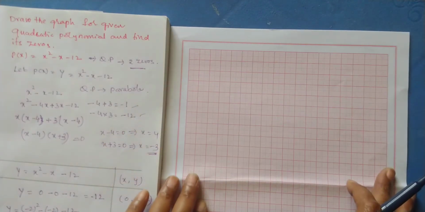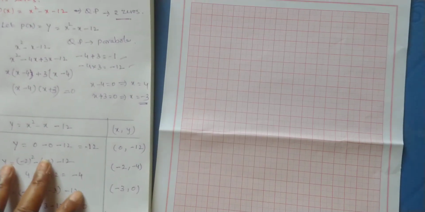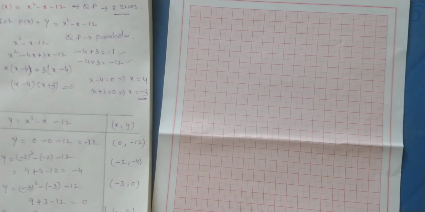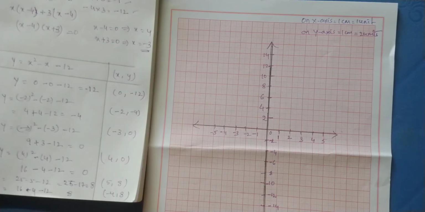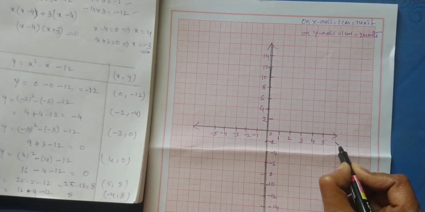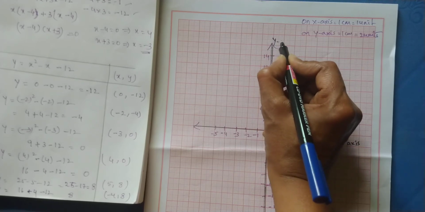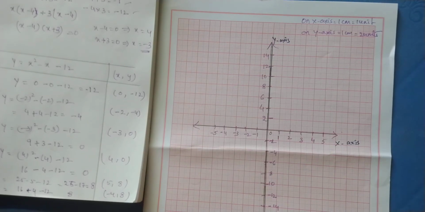Yes, let's take the graph. So I have the x and y coordinates here. Yes friends, we have drawn the x and y axis. Horizontal line is called the x-axis and vertical line is called the y-axis.